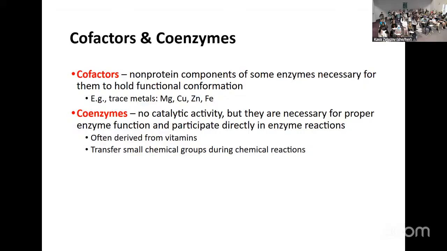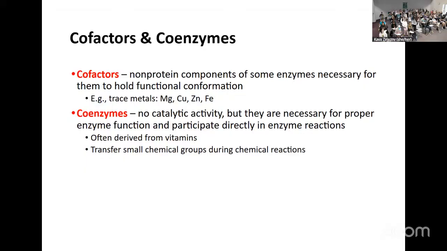So they may look like organic molecules, like little organic functional groups attached to our enzyme. So they need to be present for appropriate enzyme function, for the enzyme to work the way we want it to, but they're not a protein in their own right, and they're not directly on the active site, right?